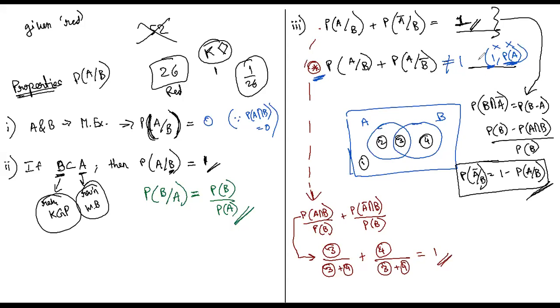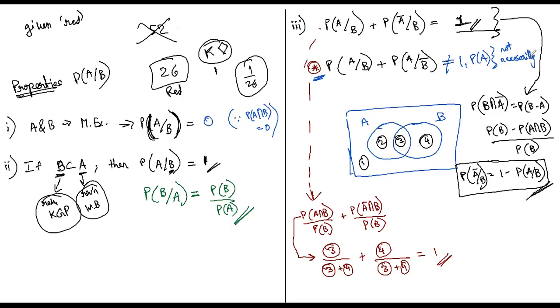So it is not 1 and it is not P of A. That is the only point I want to tell by writing this. It is not necessarily equal to 1 or P of A. Okay? It is not necessary.